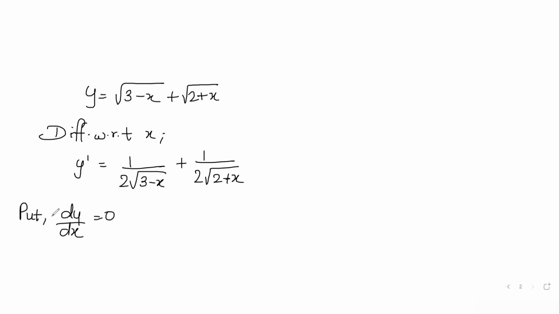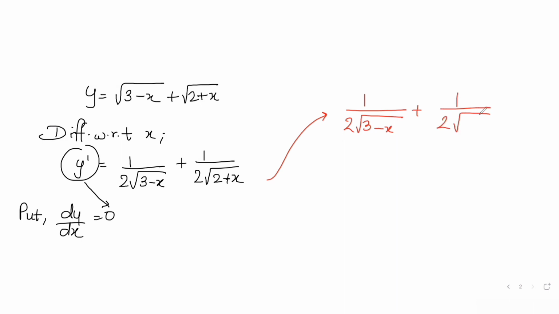So if I put y dash equal to 0, you get 1 upon 2 root of 3 minus x plus 1 upon 2 root of 2 plus x is equal to 0.